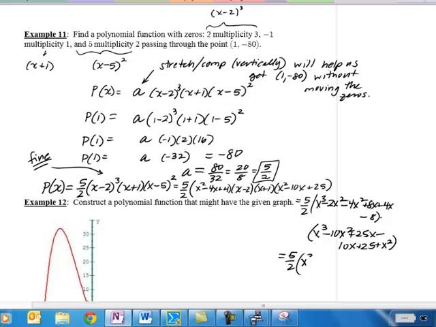I have x cubed minus 6x squared plus 12x minus 8 times x cubed, looks like minus 9x squared plus 15x plus 25.